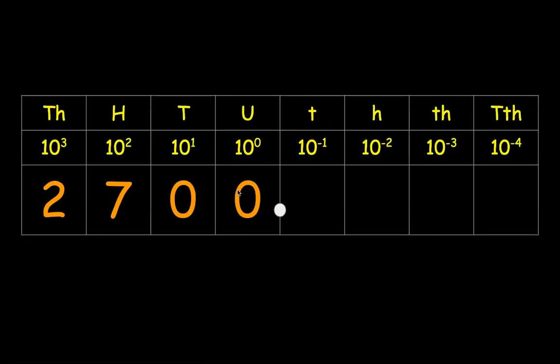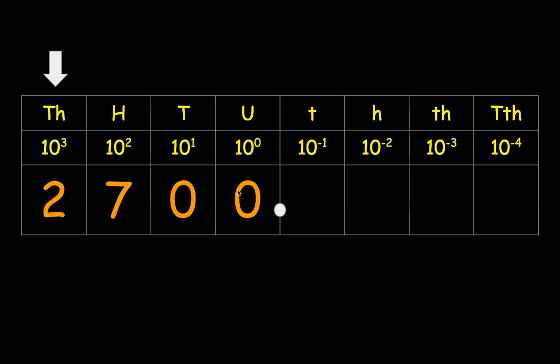Let's try this one, 2,700. Put it in the grid. I always do that just to make you remember there are zeros there. Let's look for the most important digit in that number. Is it the 2 or the 7? You all know it's the 2, because that's 2,000, and the 7 is only 700. Now we're going to ignore all of the other unimportant digits and only look at the 2.